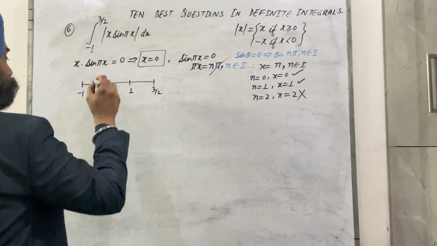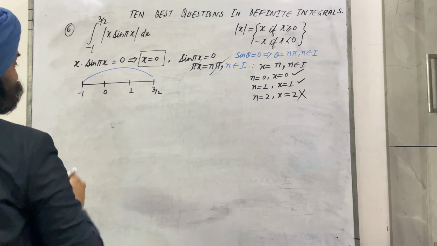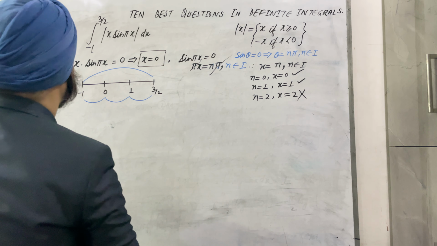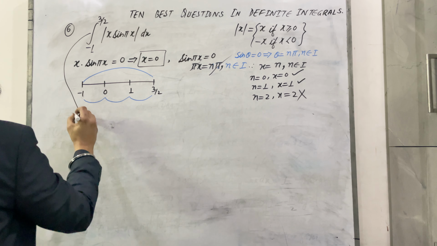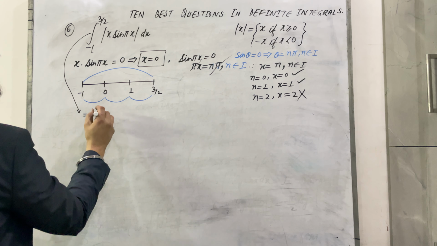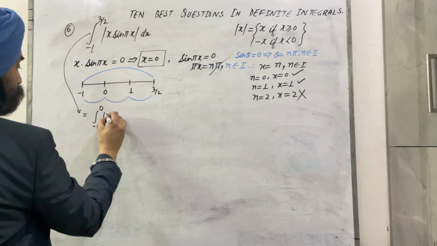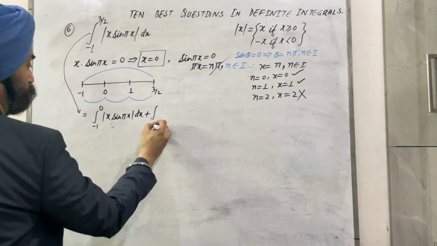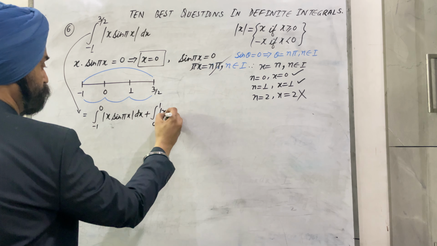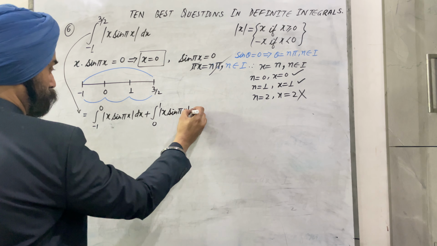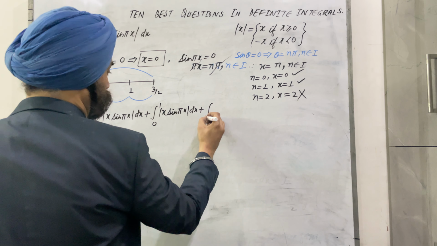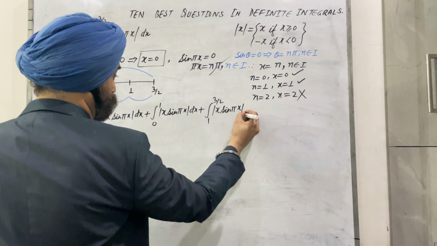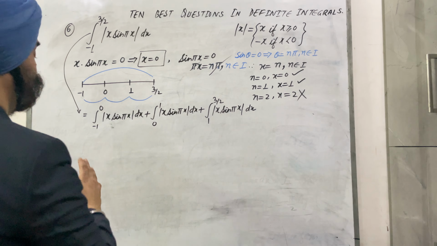And using the fourth property of definite integral, which helps us in writing the entire integral as a sum of smaller fragments, what I'll be able to write for this integral is -1 to 0 mod of x sine pi x, plus between 0 and 1 mod of x sine pi x, and then between 1 and 3/2 mod of x sine pi x. So this way we get 3 integrals.